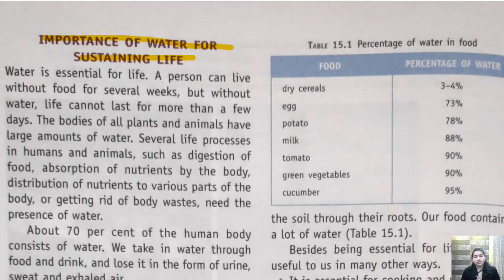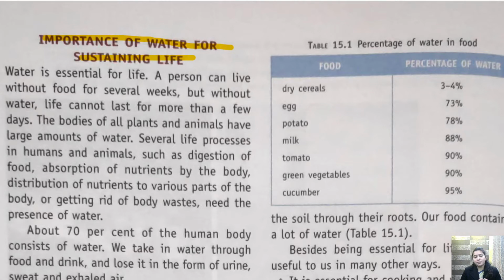All the processes in our body require water, including digestion of the food, absorption of the nutrients by the body, distribution of the nutrients to several places, and removal of the waste. Everything requires water. All right, all the things require water. Is it clear?